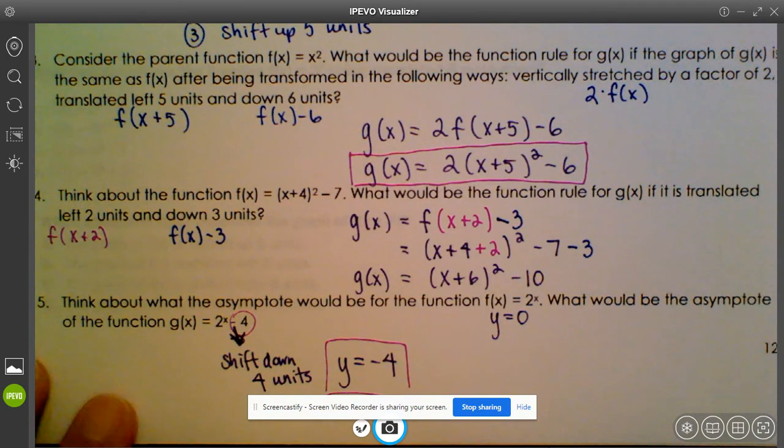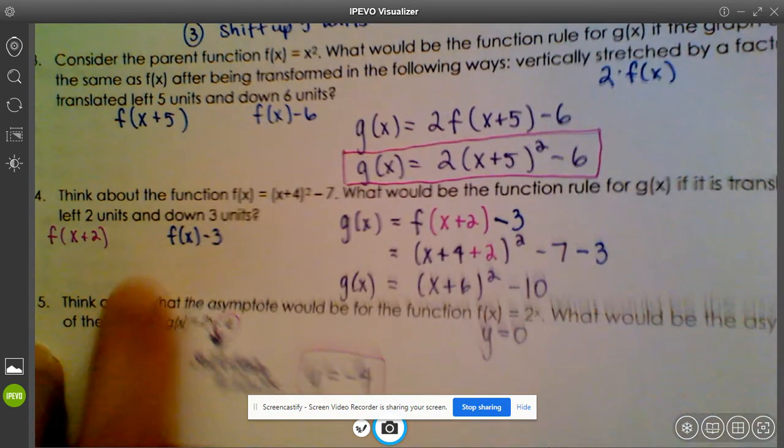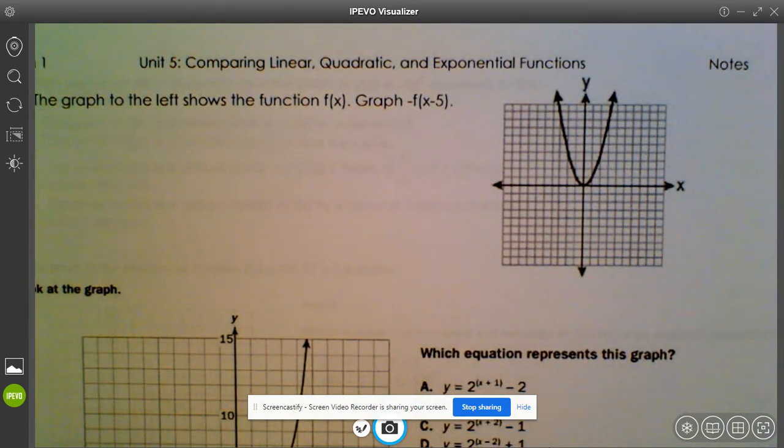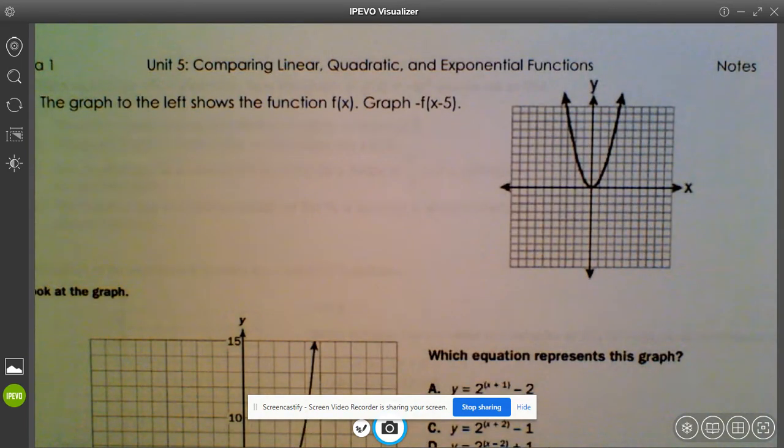All right, so let's look at a few problems. We'll look at a few sample problems here. So these are problems that you might see on the end of course test that I just want to go over with you. All right, the graph to the left shows the function f of x. I want to graph the negative of f of x minus 5. So here are the things that we need to know.